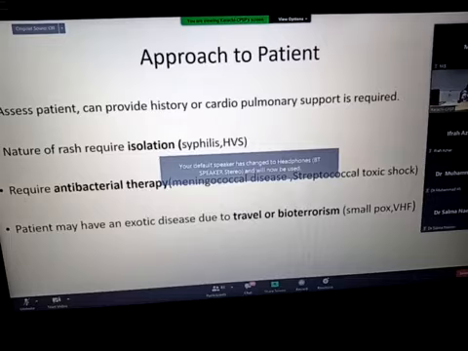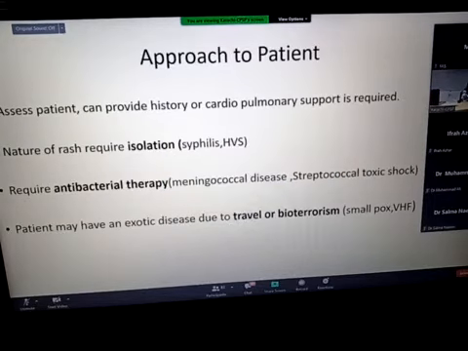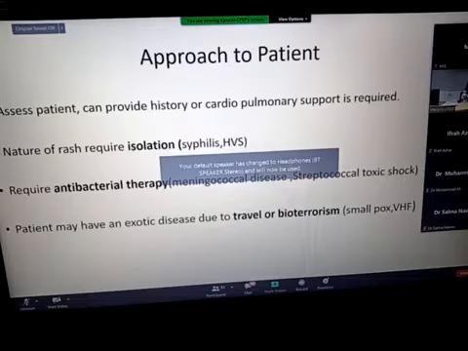If he is in a state of giving history, along with that, an important thing is some infection.